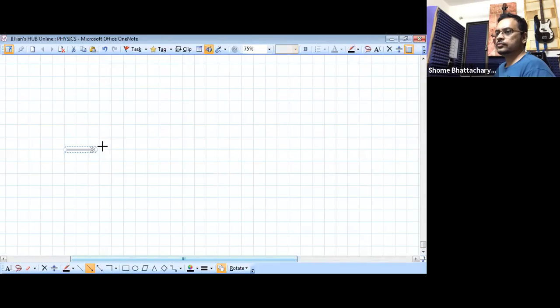So this is my vector A, let's say of 20 in this direction. Now in comparison, my vector B will be something like this, suppose. So that is 60 root 2. That is my vector B at an angle of 45 degrees.